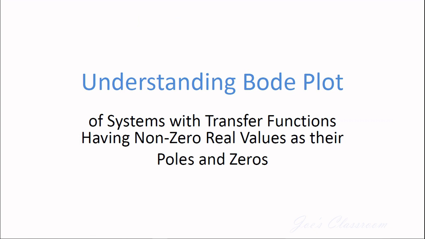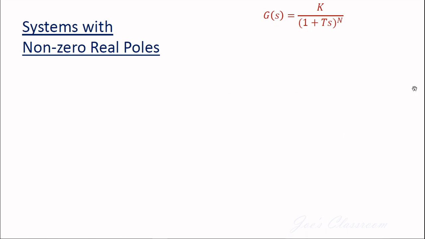So with this background, let us move on to understand the Bode plot of systems with transfer functions having poles and zeros at non-zero real values. If we take this as the transfer function, G(s) = K / (1 + Ts)^n, let us examine its poles. Let us take the denominator. If I equate the denominator to 0, then I will have 1 + Ts = 0 as the characteristic equation.